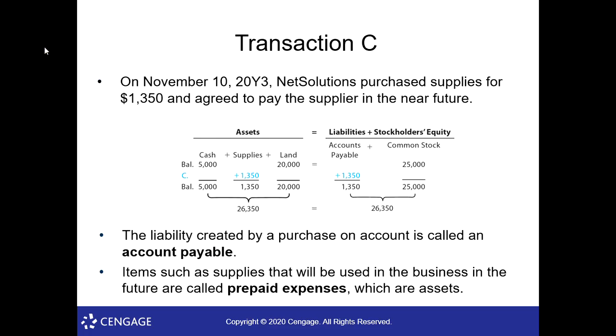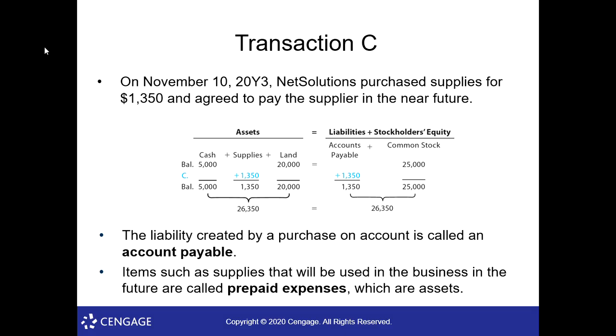All right, on to transaction C. On November 10th, Net Solutions purchased supplies for $1,350 and agreed to pay the supplier in the near future. We need to identify the accounts that are impacted by this transaction. We are receiving supplies, right? Supplies are an asset. They're something that our business can use to generate income or revenue. And then we are not paying cash here, right?